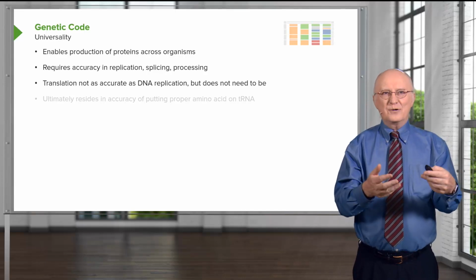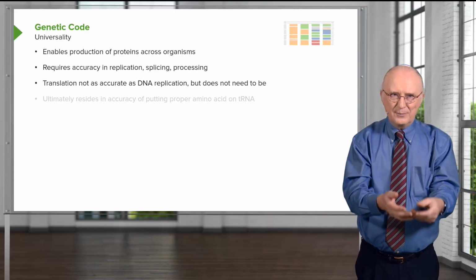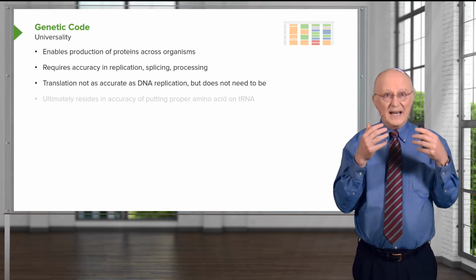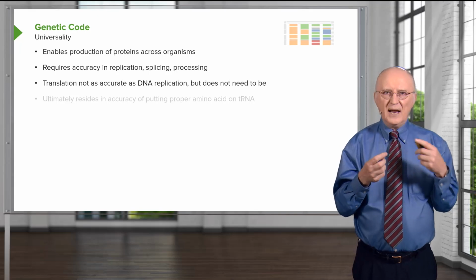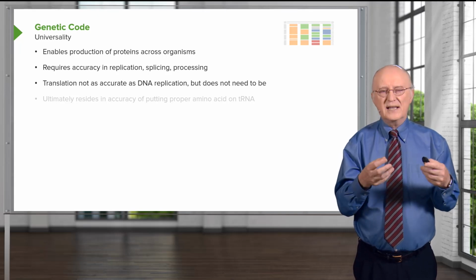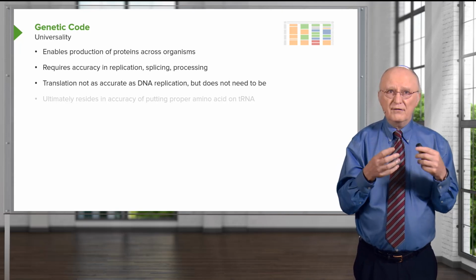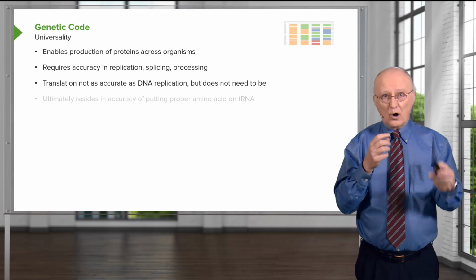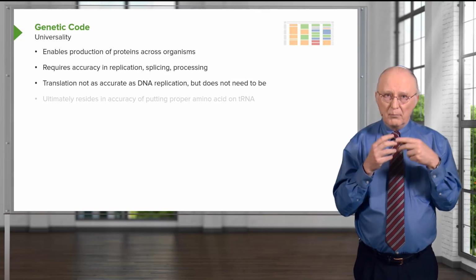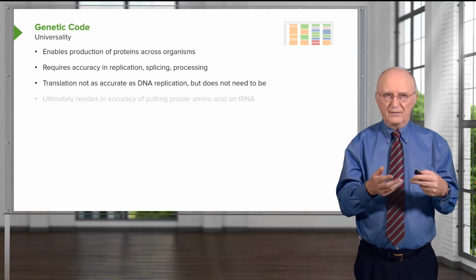We need the accuracy to have the translation proceed properly, but the translation can actually have a few errors. If the translation has errors, the proteins that will be made will not function. They will be destroyed. And as long as those errors are relatively infrequent, most of the protein that's made will be functional.